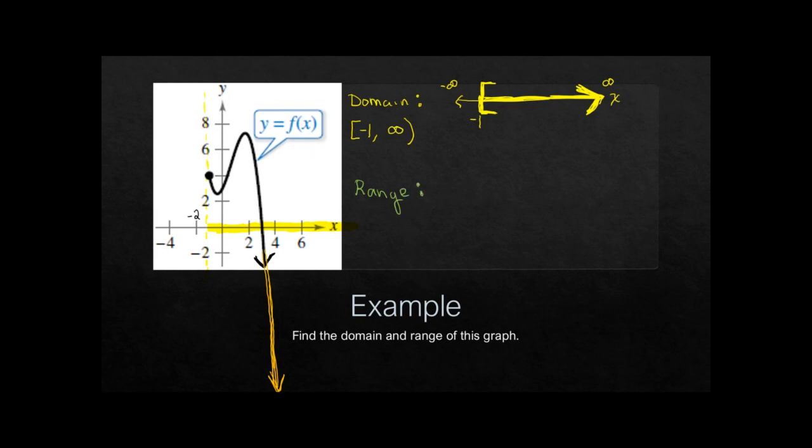Again, I'm going to take my highlighter and ask, where are my y values going? The highest point is roughly up here, and I want to start shading my graph. The lowest point has an arrow, so it goes down forever.